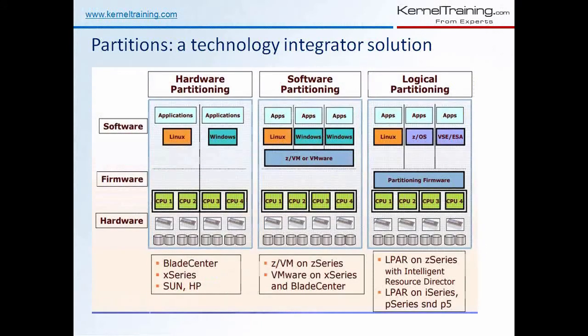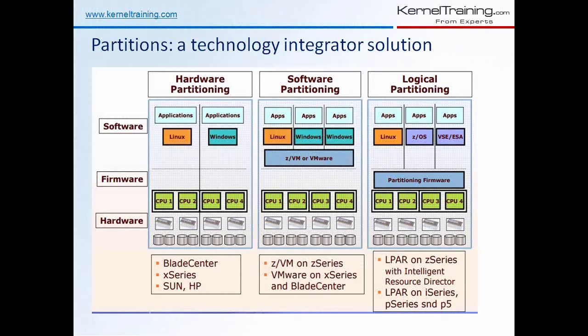A partition may be a hardware partition. Hardware partition means things like blades, BladeCenter, and xSeries servers. A blade has its own processor, its own RAM, and its own IO slots, and is used to host a single application.